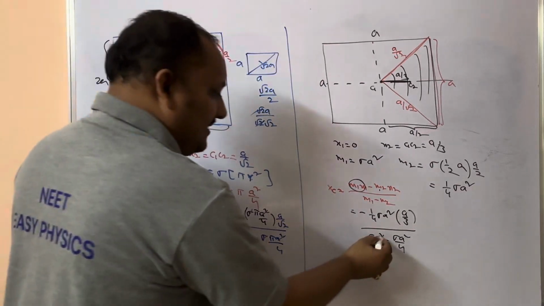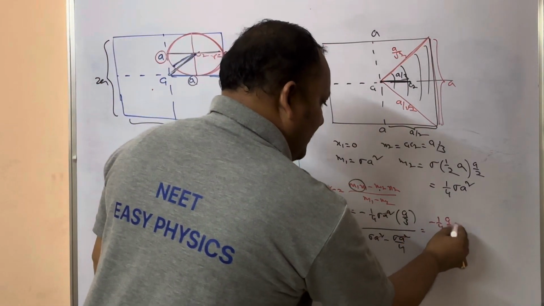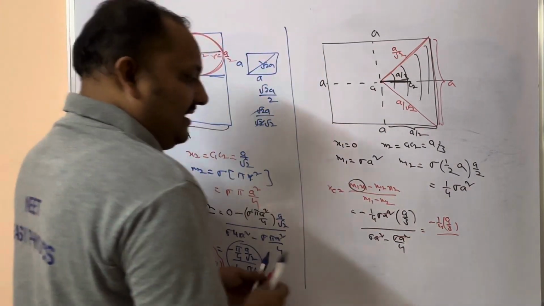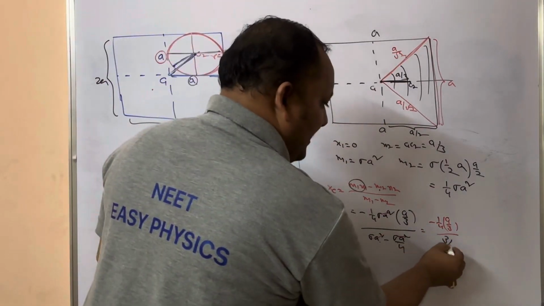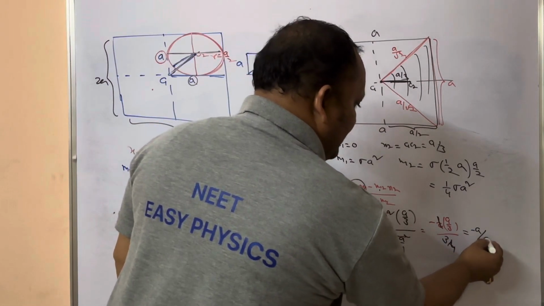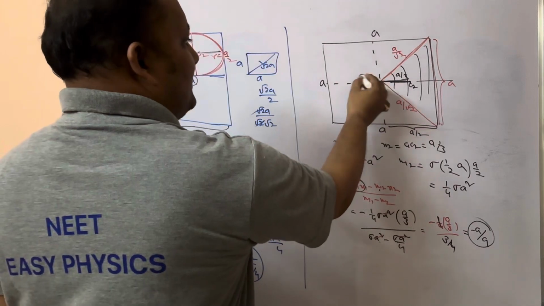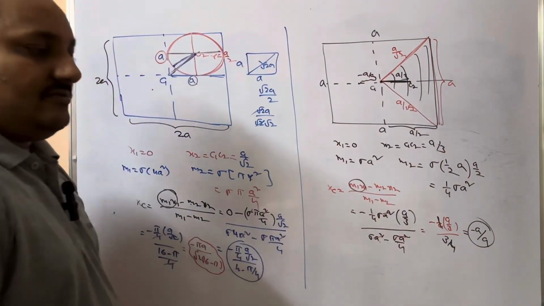Sigma a square will be cancelled. Minus 1 by 4 a by 3 divided by 1 minus 1 by 4. I am writing directly 3 by 4. 1 by 4, 1 by 4 will be cancelled. Minus a by 9. So it will be shifted minus a by 9 distance towards the left.